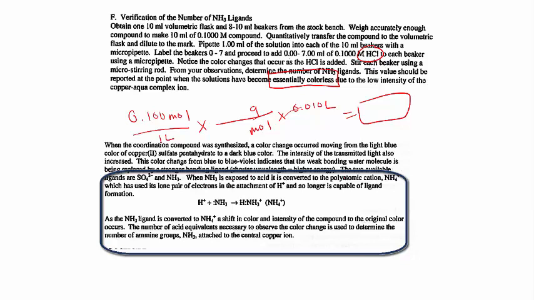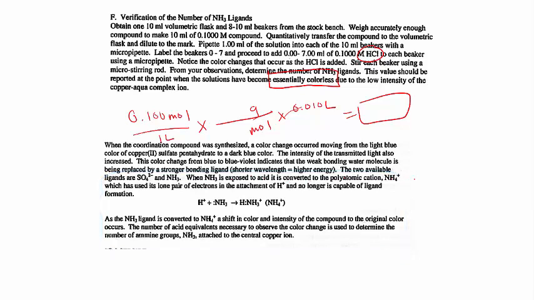When NH3 is exposed to acid, it is converted to the polyatomic cation NH4+, which has used its lone pair of electrons in the attachment and is no longer capable of ligand formation. As the NH3 ligand is converted to NH4+, a shift in color and intensity of the compound to the original color occurs. The number of acid equivalents, okay, so the number of acid equivalents, how many milliliters, meaning, necessary to observe the color change is used to determine the number of amine groups.